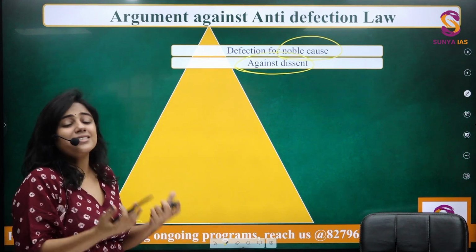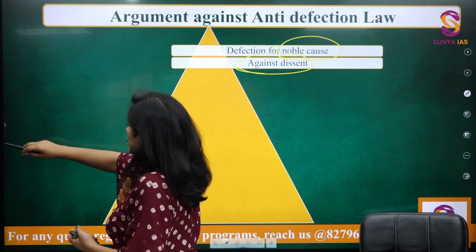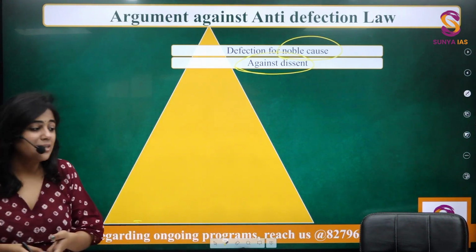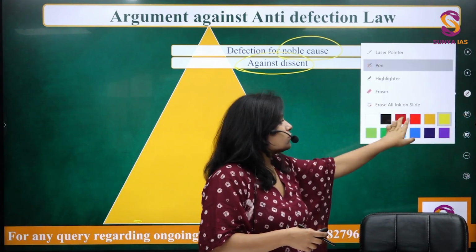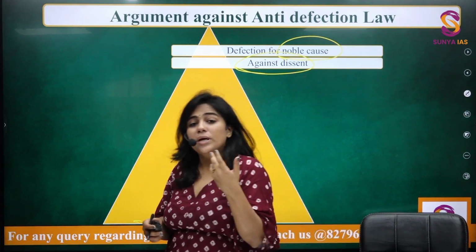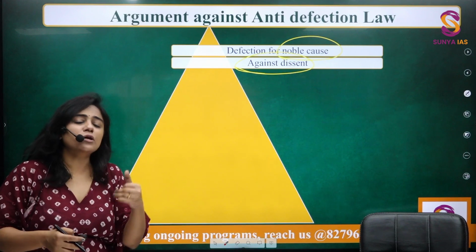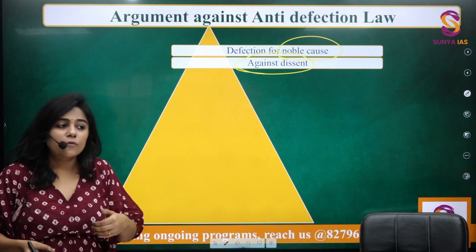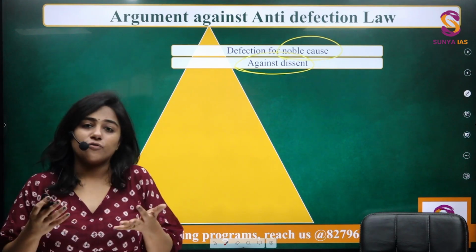It is against dissent. It is not allowing any legislator to voice their opposing opinion. And if you are not able to voice your opposing opinion within the political party that you are functioning for, how will you do that on the floor of the house? Opposition is the core of democracy.